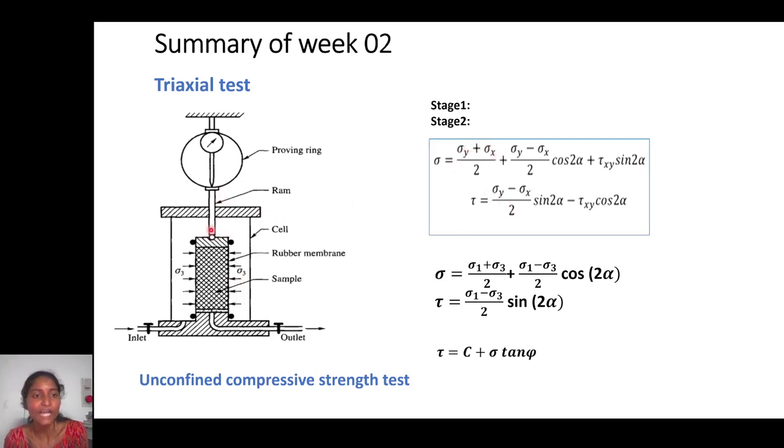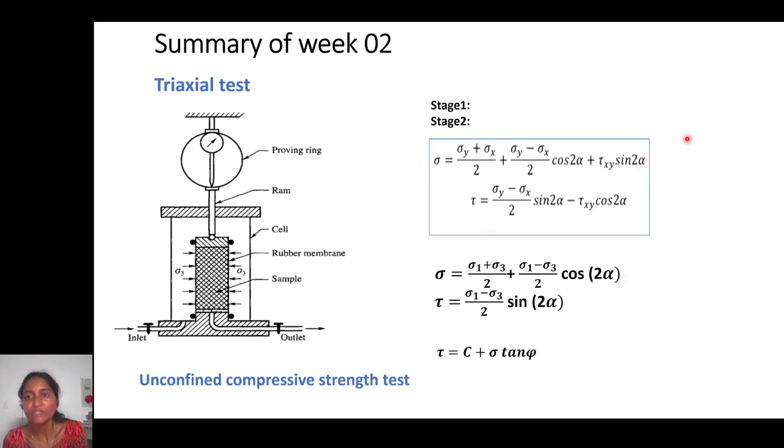And the deviatoric stress from the top, which we usually call sigma y, here we can call sigma 1, because there is no horizontal shear stress applied on the specimen. So directly, instead of sigma x and sigma y, you can substitute sigma 1 and sigma 3, as I have shown here.